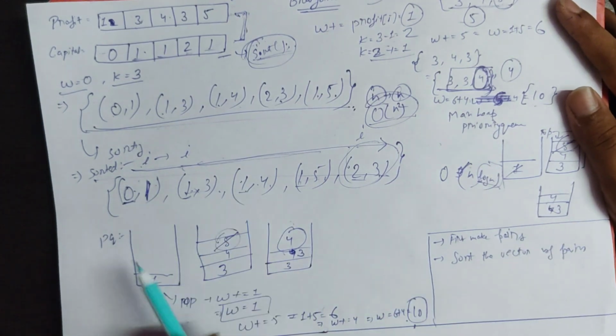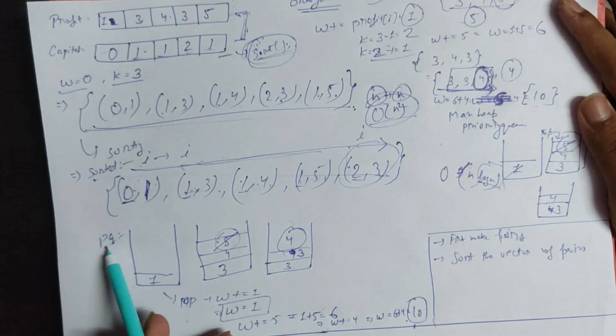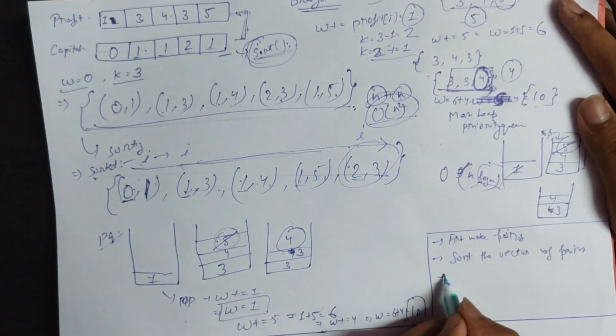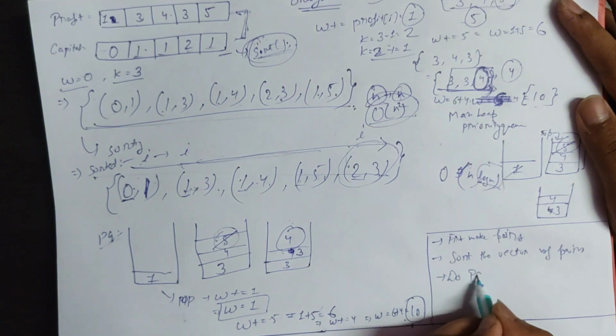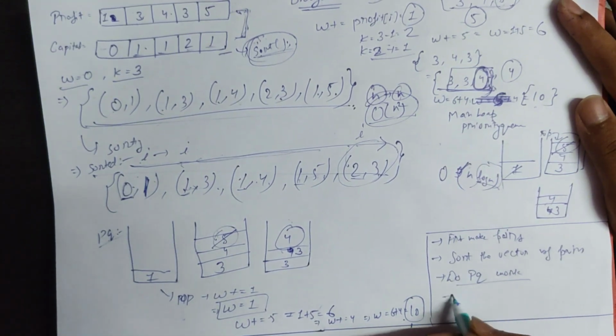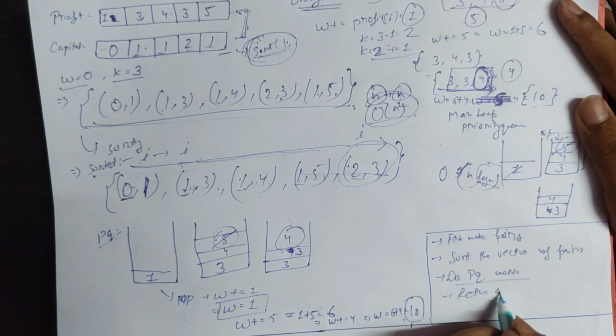After this, we have to insert the values in the priority queue and increment the values, so the priority queue works, and then return our answer.